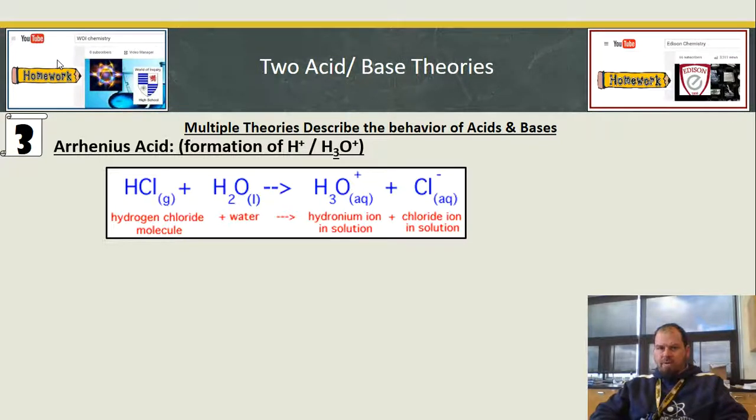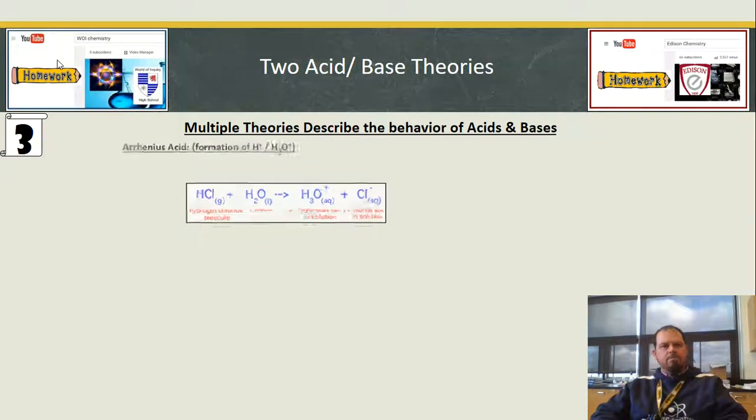The other way you could write this, the products are H2O plus H plus plus Cl minus. And that is me literally taking the first picture that we just saw a minute ago and saying H3O plus equals H2O plus H plus. Okay, so that's how I know I formed an acidic solution. Hydronium ion in solution is acid.